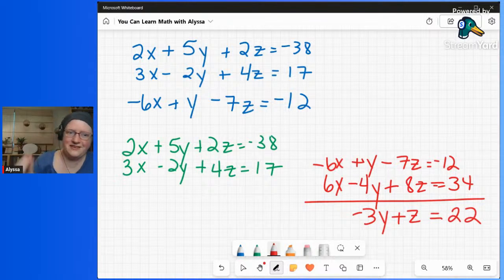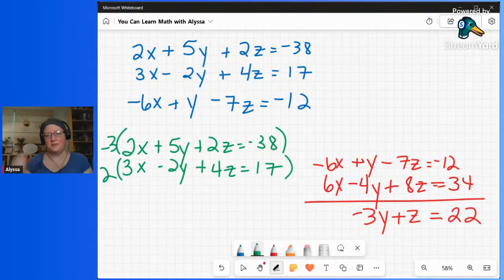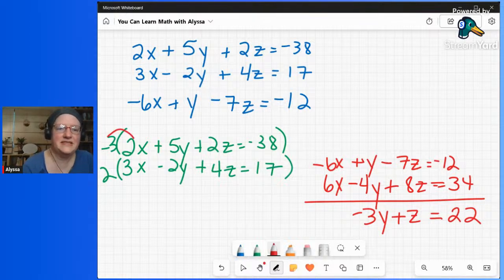Okay, back on the left. I need to do it to both of them. Both of them have to be multiplied in order to make this work. So I'm going to multiply everything on top by a negative 3 and everything on bottom by a 2. So I will get a negative 6x and a positive 6x, and those x's will cancel out. First one, negative 3 times 2x, negative 6x. I probably should be writing that in green.